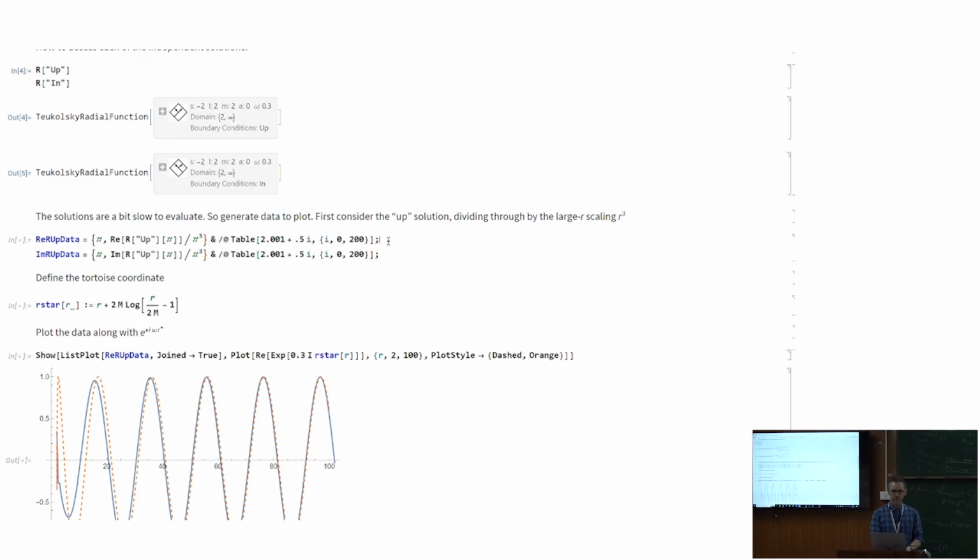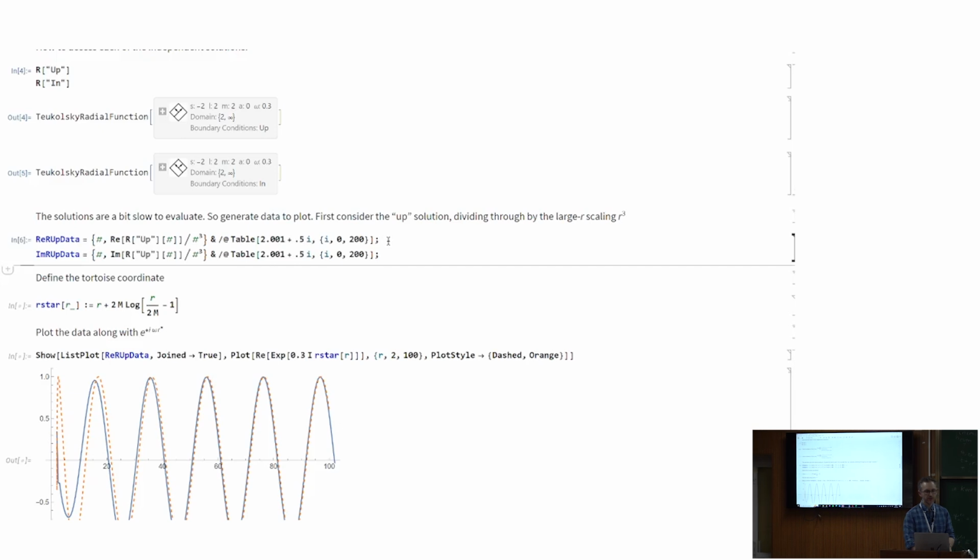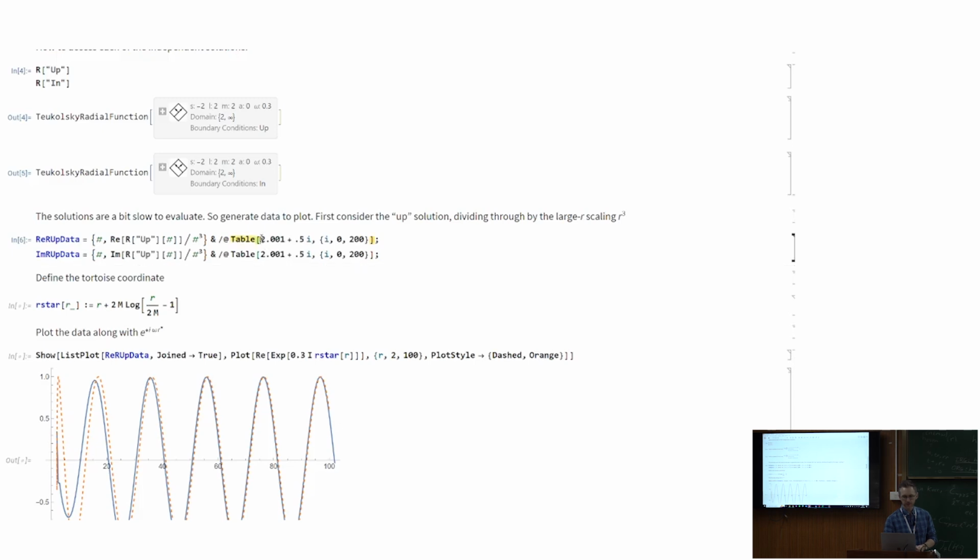So what I'm going to do is pre-compute some data on a grid of r values. Here I'm starting from very near r equals 2m, and I'm going up by 0.5m for a few hundred points.